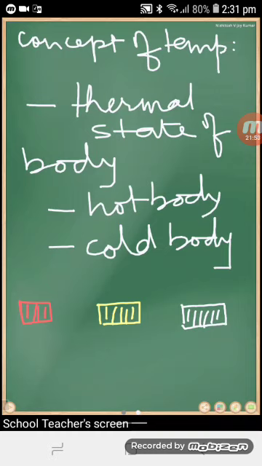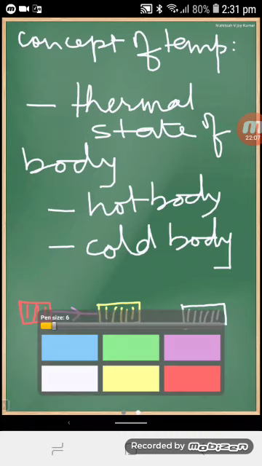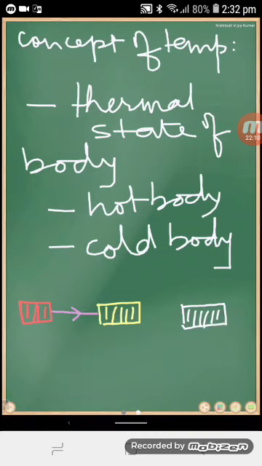So now if you try to observe the heat flow, if you keep these two bodies in contact, let me mention them. Let it be the temperature of red, the temperature of yellow, and the temperature of white.